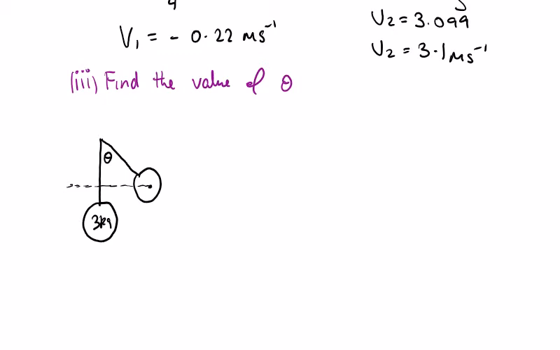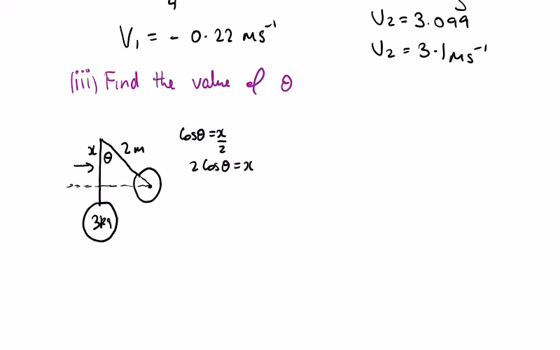Now we know that this is 2 meters to the center. So cos theta is equal to x over 2, so 2 cos theta is equal to x.